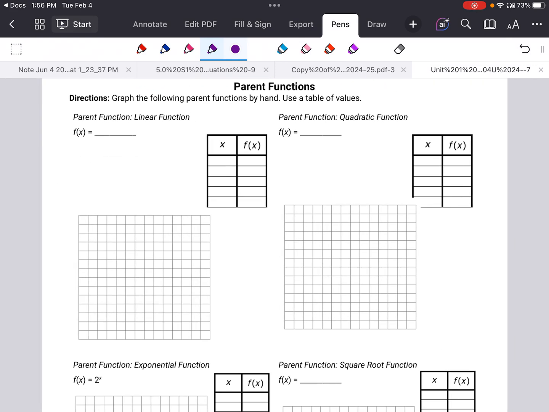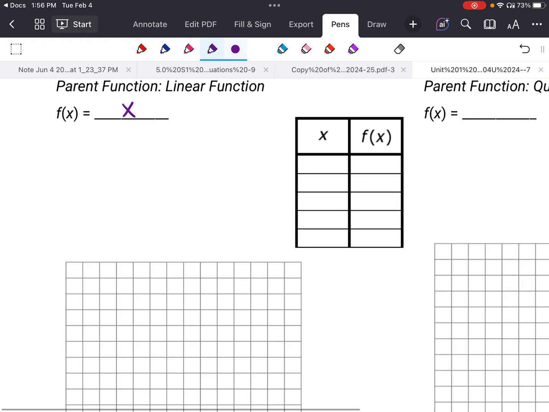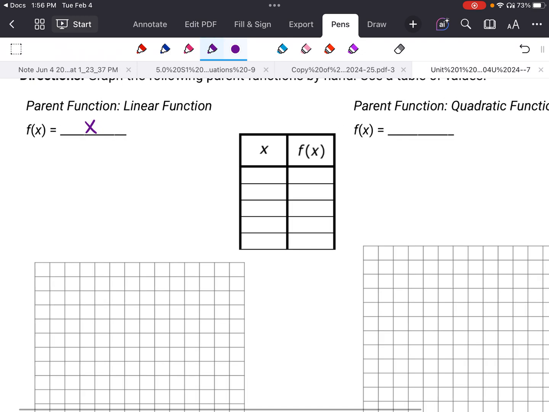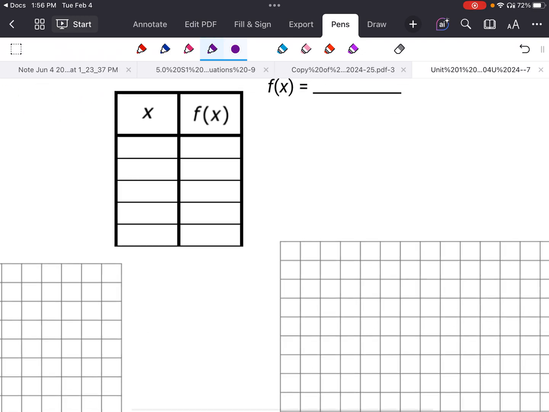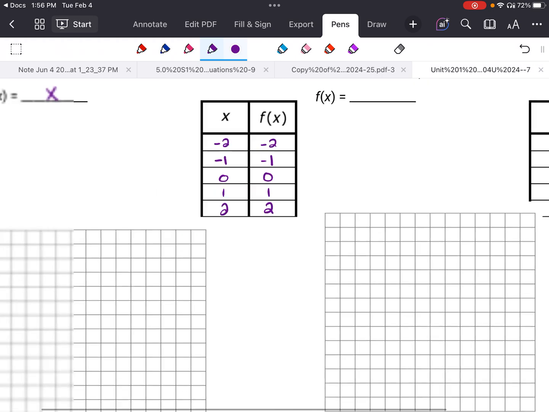Okay, parent functions. The parent function of a linear function is just f(x) equals x. If we made a table with -2, -1, 0, 1, 2, the answer is exactly what you see. There are no changes, no transformations to this.